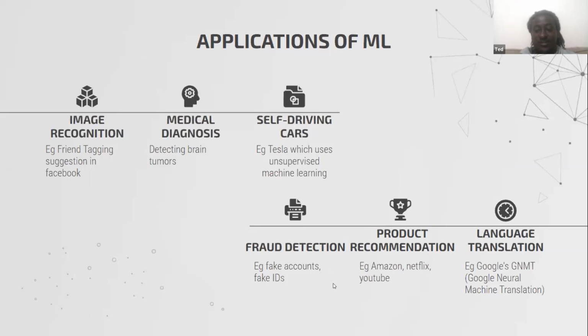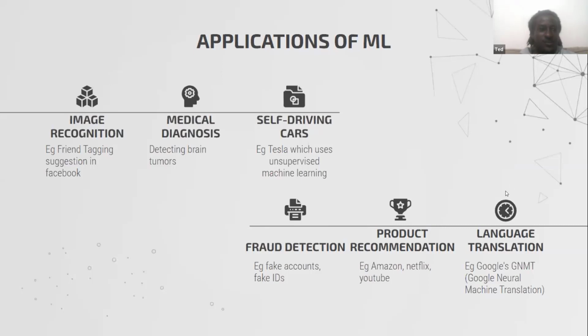And then in fraud detection, such as detecting fake IDs, fake accounts. A lot of bank accounts use this, especially for online transactions, and even in language translation. Like for Google GNMT. This is the algorithm that translates languages.